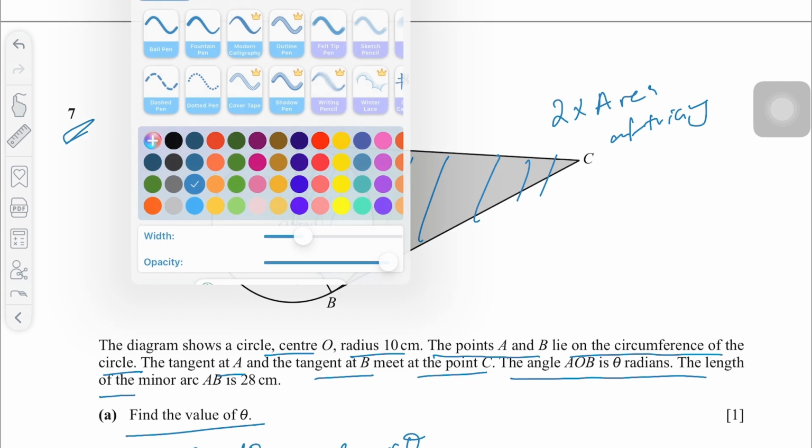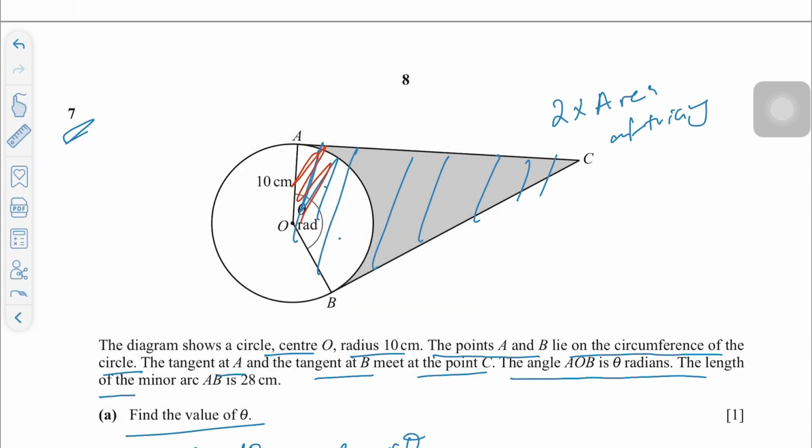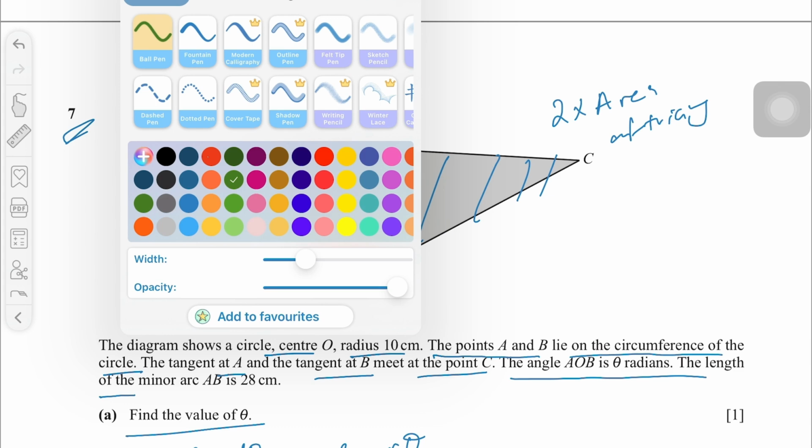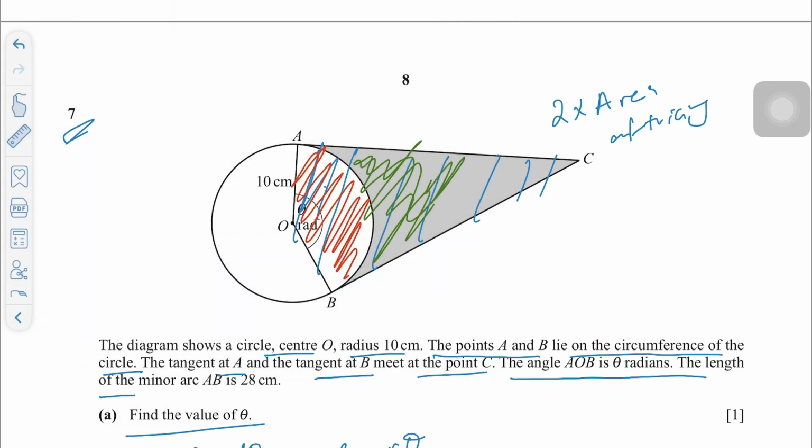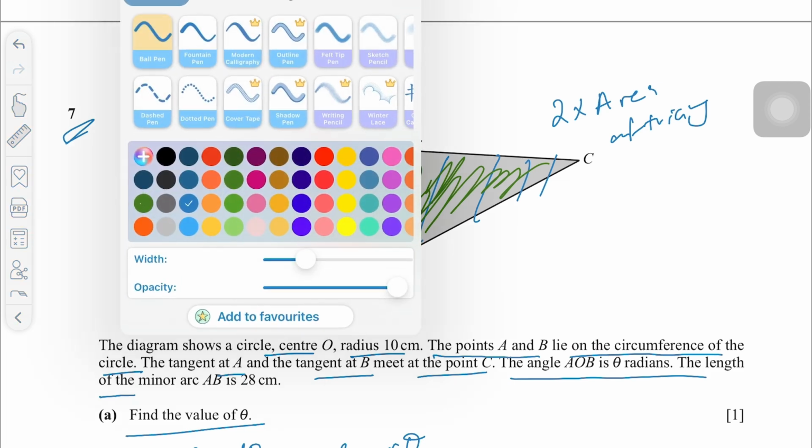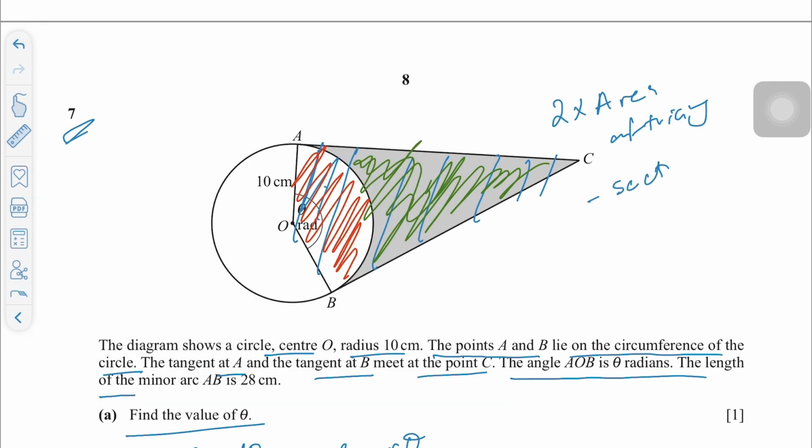Sorry, let's just take a different pen, and let's just subtract this to get the final area, the shaded region, right? So we have to subtract the sector area, right?